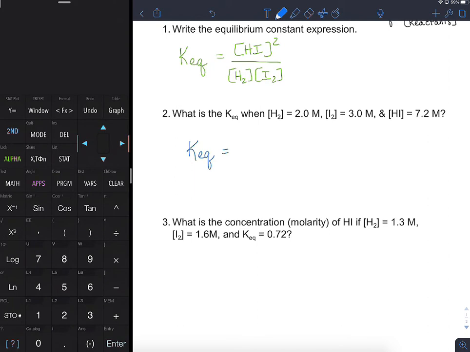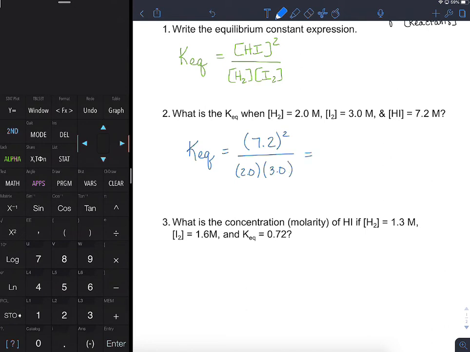So in this case, we're going to put the 7.2 on the top for our hydrogen iodide concentration. And then we have to remember that we need to square that number. And then on the bottom, we're going to have the 2.0 for hydrogen and then the 3.0 for iodine.